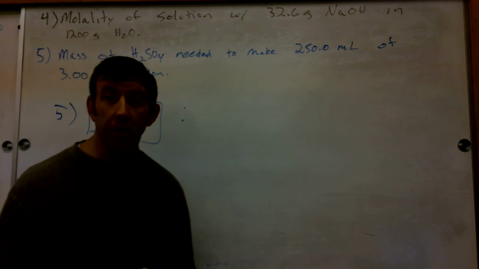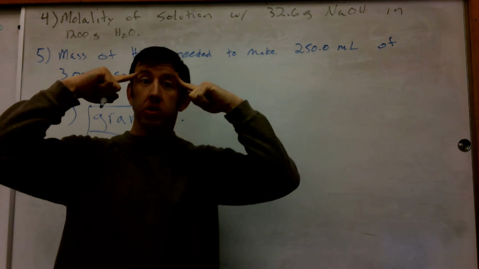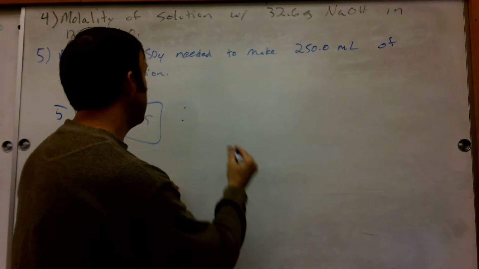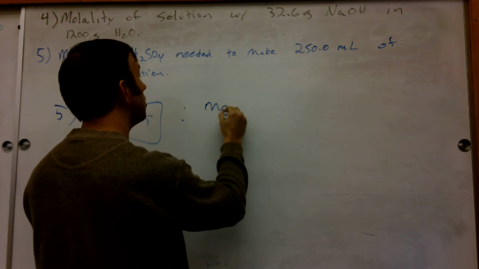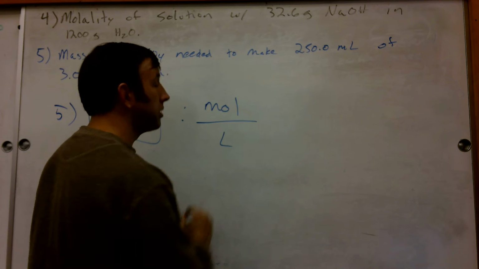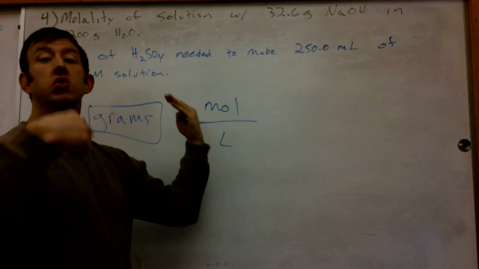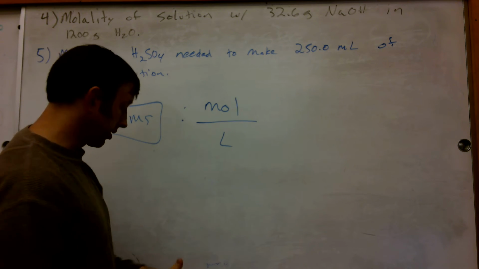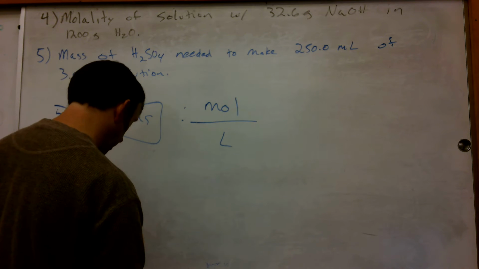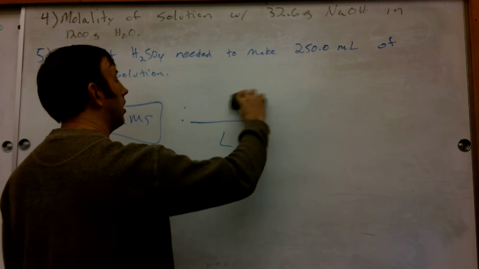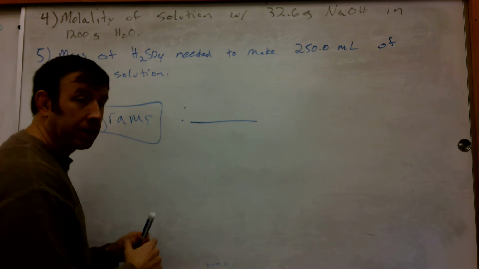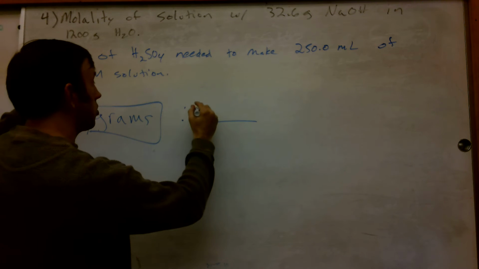So the capital M, again, you need to know this, the capital M molarity is moles per liter, right? Moles of solute per liter of solvent. So in this particular case, right, I know my molarity to be 3.00 molar, right?